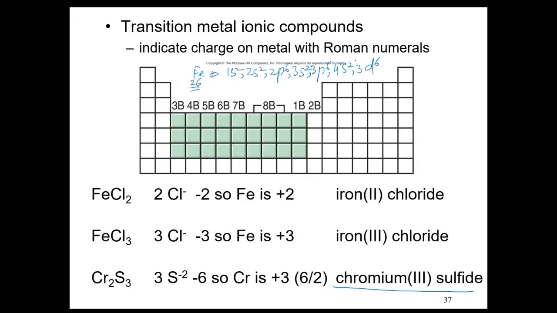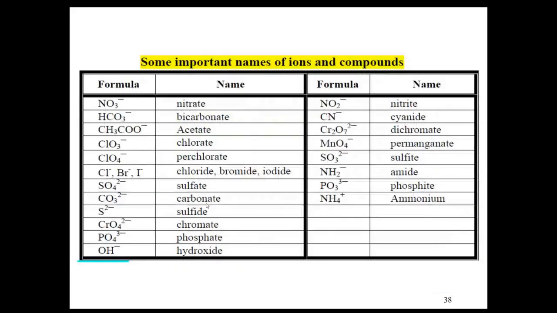Sometimes iron loses these 2 electrons, and it becomes +2. But sometimes when you heat it more, it also loses 1 electron from the d orbital. So 2 electrons from here and 1 electron from here, and it becomes +3. Is this clear? We shall discuss it in chapter number 7. Good question.